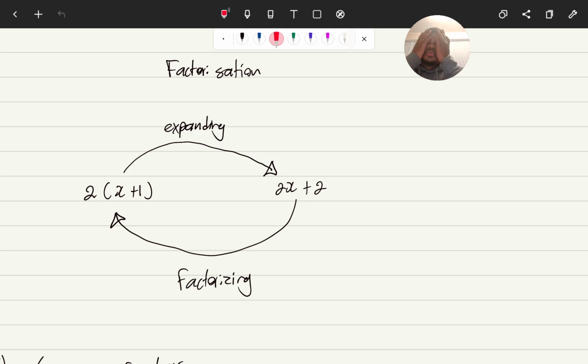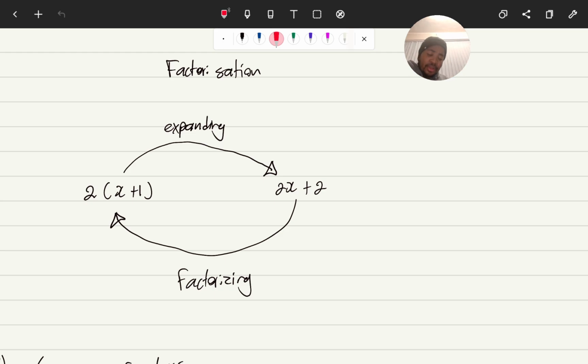Just like I showed here, you have a number and brackets. When you multiply all those brackets and try to get a couple of terms, you are expanding. But the moment you try to undo that, that is factorizing.